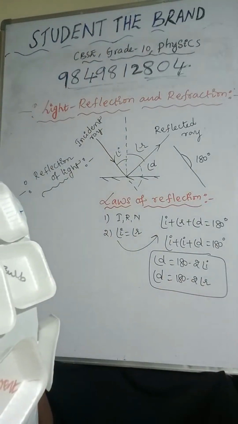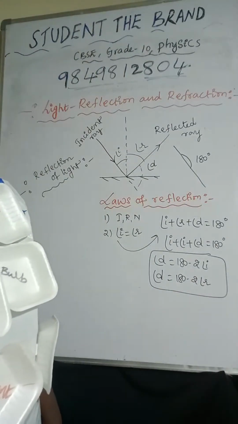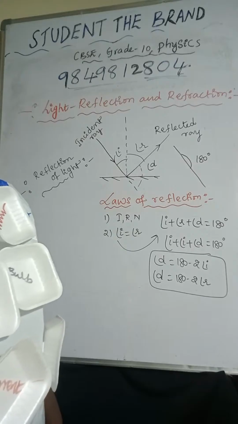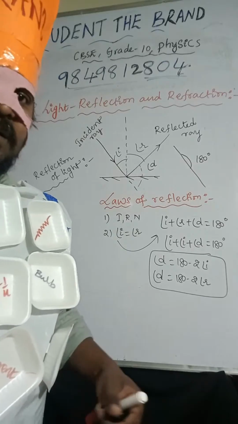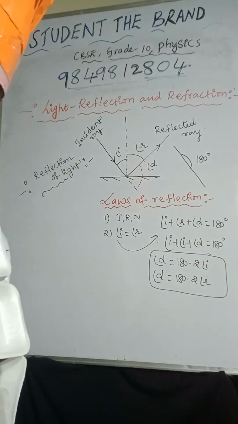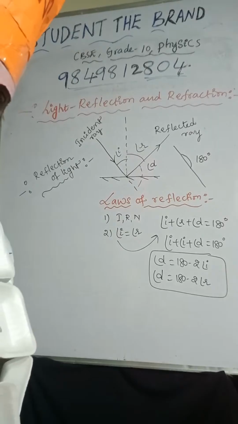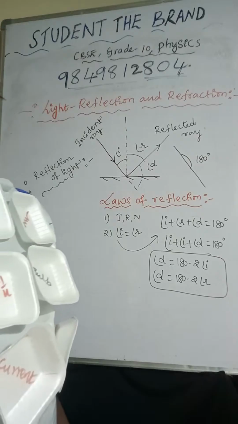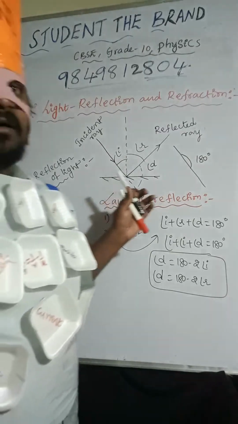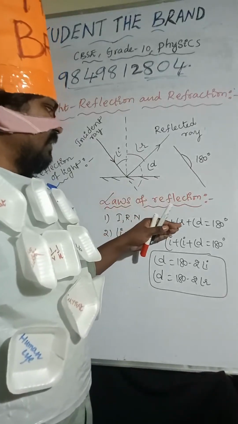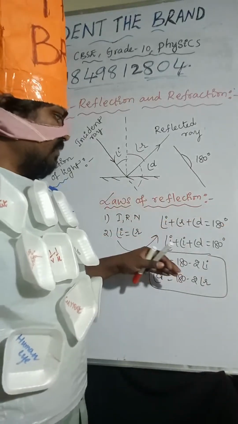I hope it is very clear. Angle of incidence plus angle of reflection plus angle of deviation equals 180.